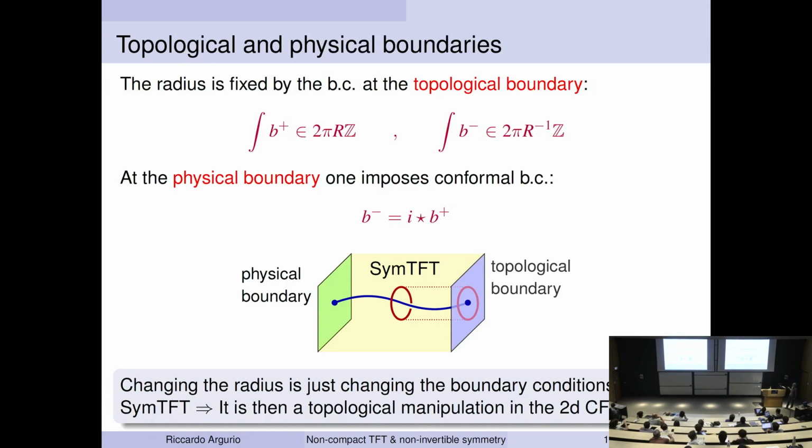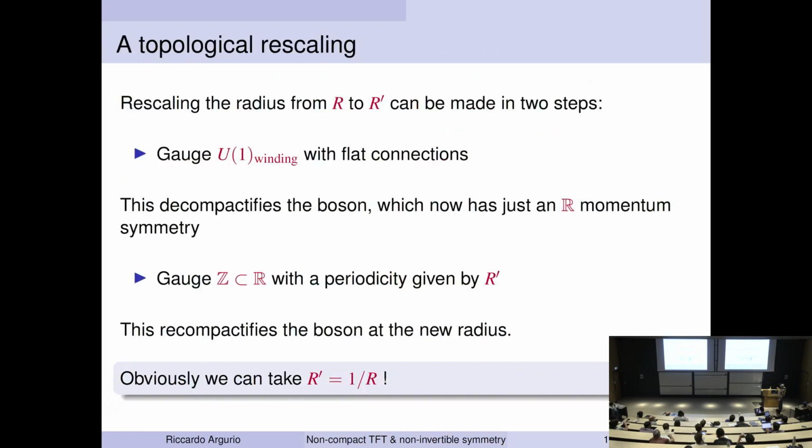Changing the boundary conditions is a topological manipulation in the QFT, and so rescalings of the radius should be seen as a topological manipulation in the CFT. So let's see how to do that.